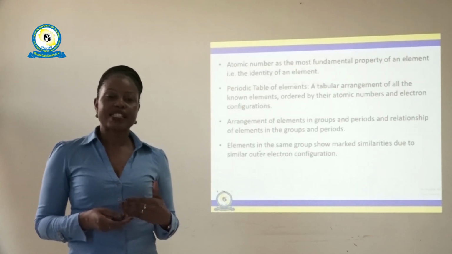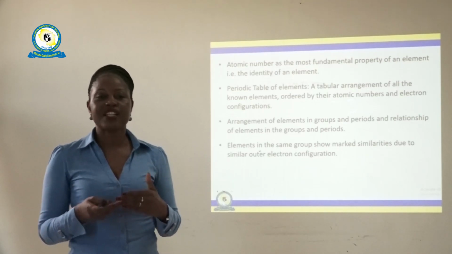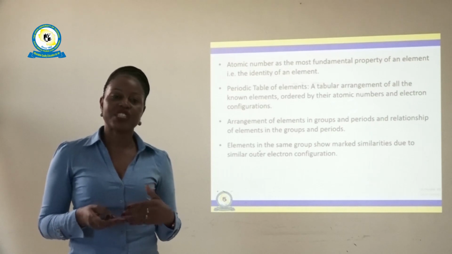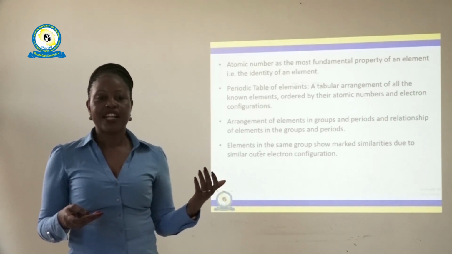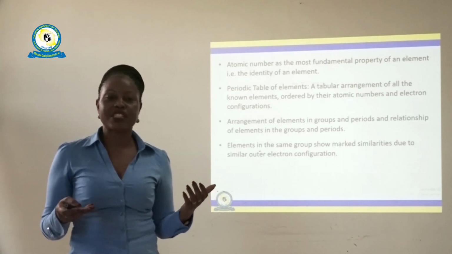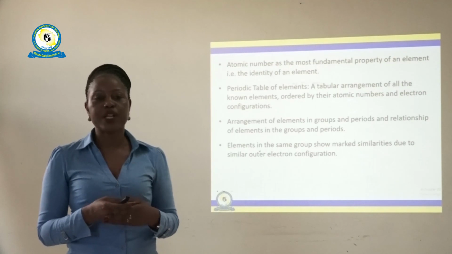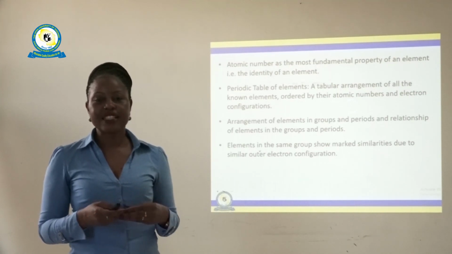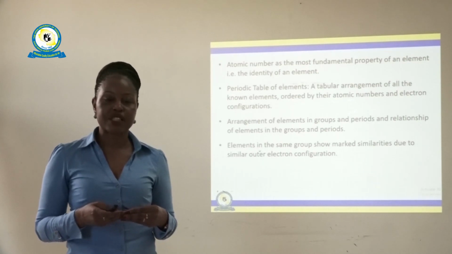We also discussed that atomic number is the most fundamental property of an element, which is actually the identity of an element. And we defined the periodic table of elements as a tabular arrangement of all the known elements ordered by atomic numbers and electron configurations.